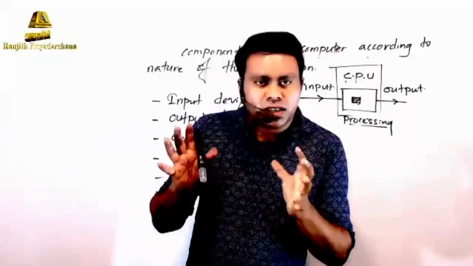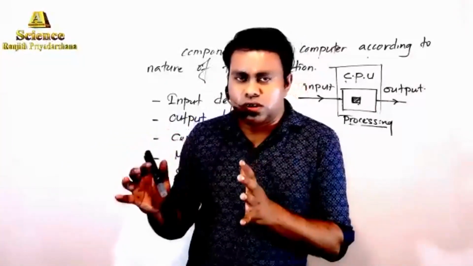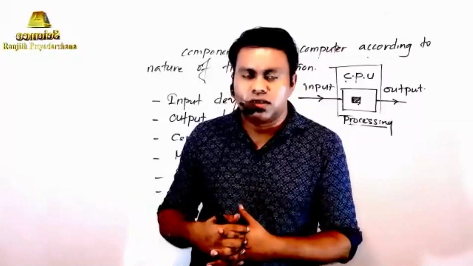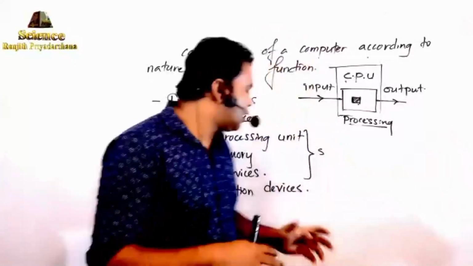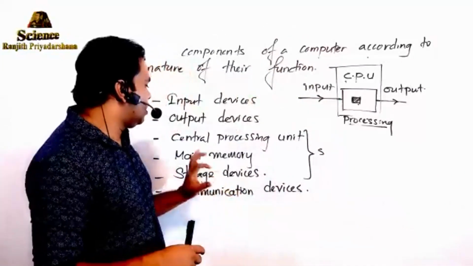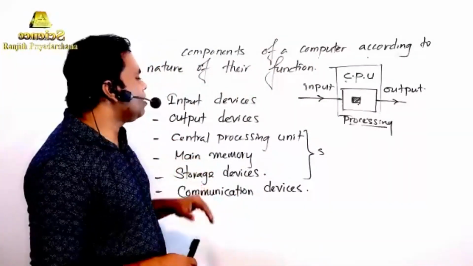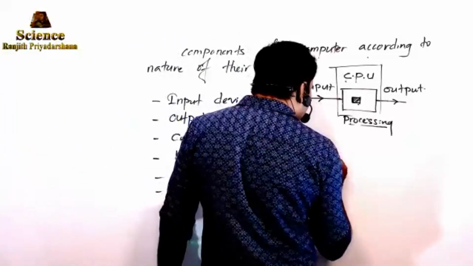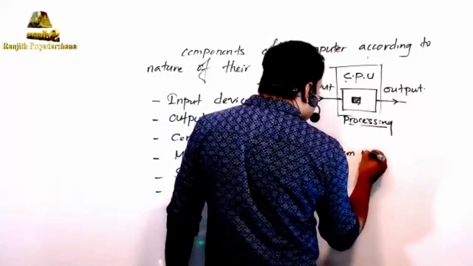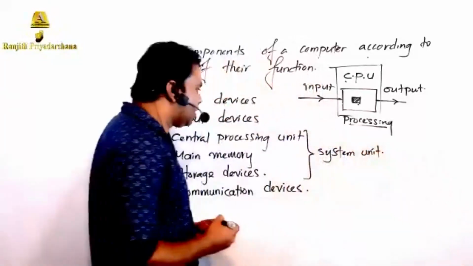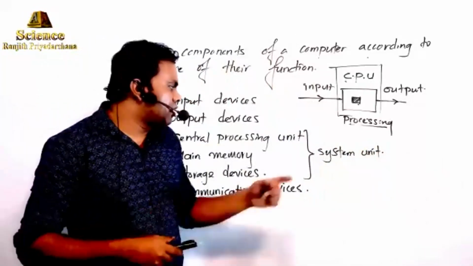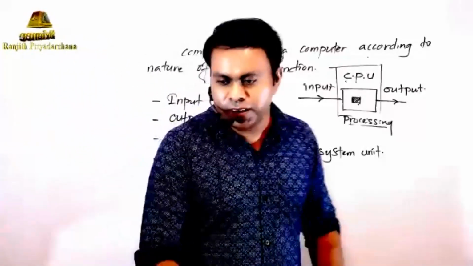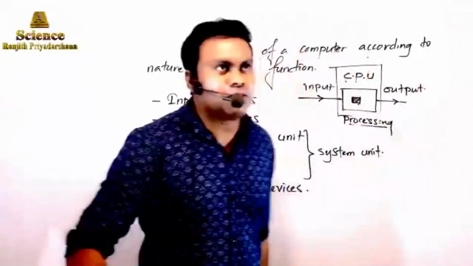There are external hard disks, hard disks connected by USB, and USB pen drives, which also belong to storage devices. The central processing unit and main memory are definitely inside the system unit. I think it's clear to you now. Then you will understand that the system unit and the central processing unit are two different things. Is that clear? Then let's write these down.